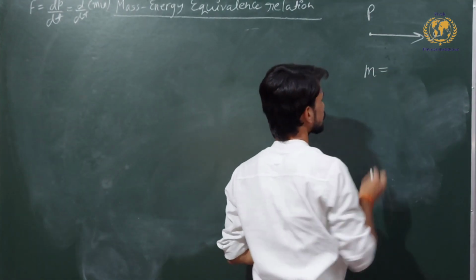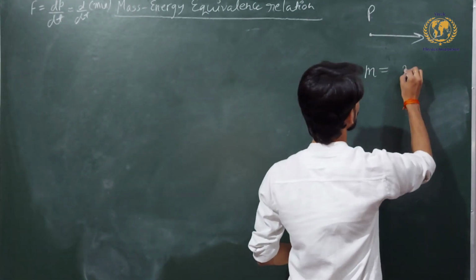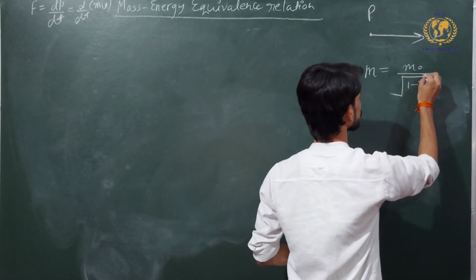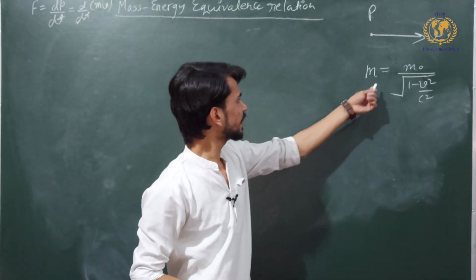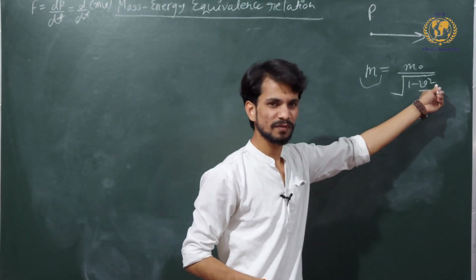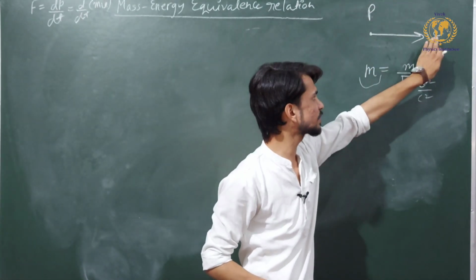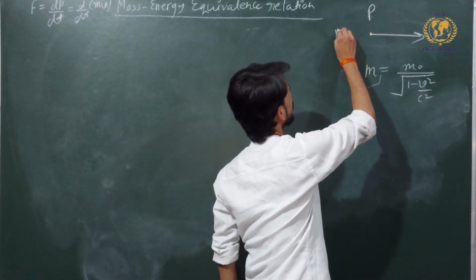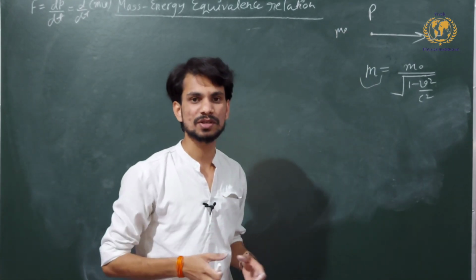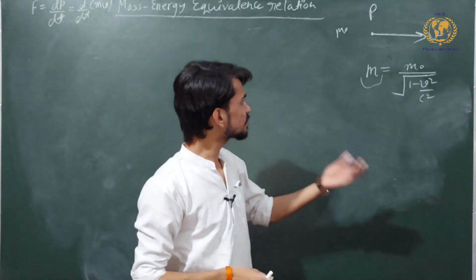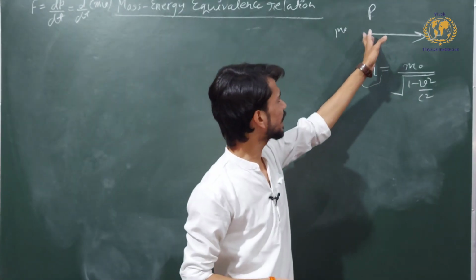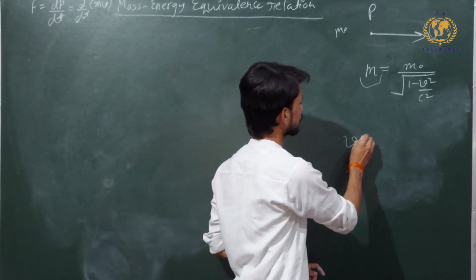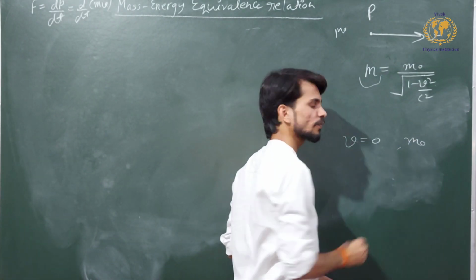The formula for the mass change is simply m equals m naught divided by the square root of 1 minus v squared upon c squared. This is the variation of mass with respect to velocity v. Let's say particle P has mass m naught at rest, when its velocity v1 equals 0.